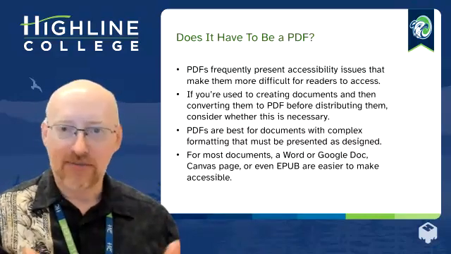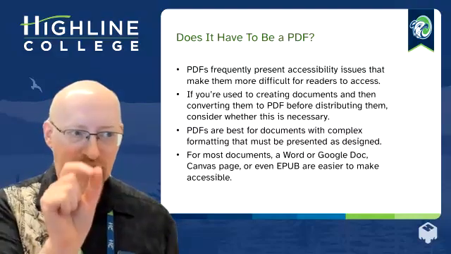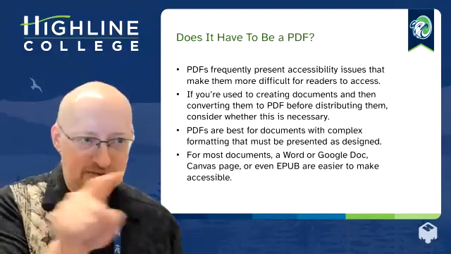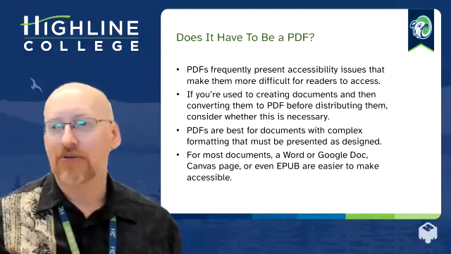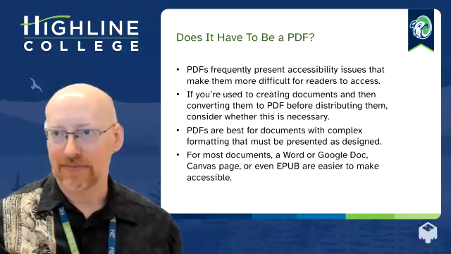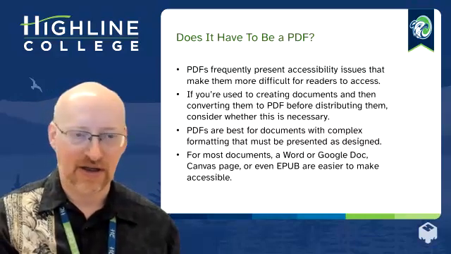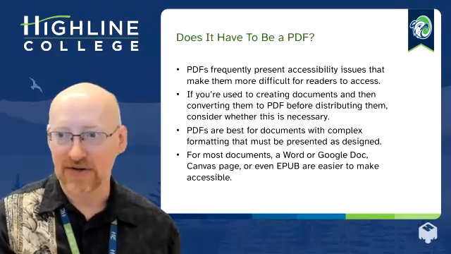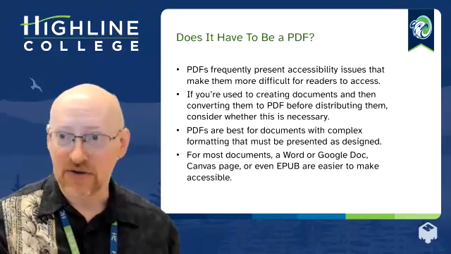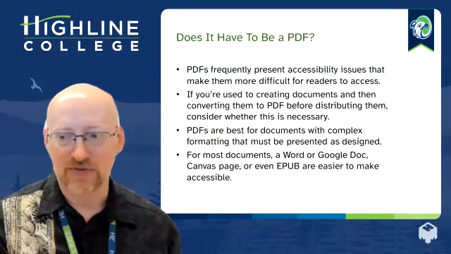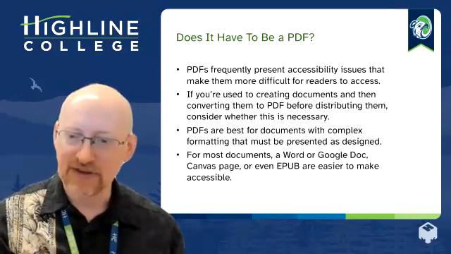With Acrobat, the page size is locked, and so they have to pinch and zoom, scroll back and forth. It's much harder to read a standard size PDF on a phone than on a computer. And of course, as we all know, many of our students, many people in the community are using phones on the go all the time. So something to keep in mind.